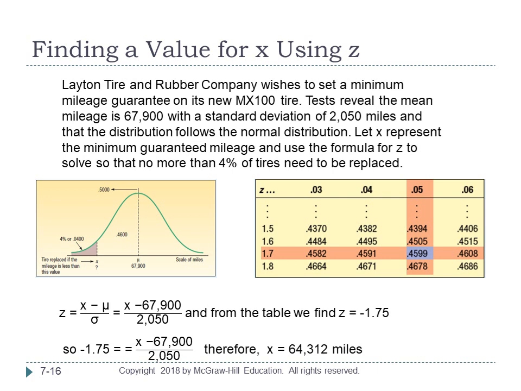What that means is we want most tires to last long enough, and you don't want too many people needing tire replacement, because under the warranty the company would have to replace those tires. So here you know the Z value and you want to calculate the X value. Now what is the Z value? We want no more than 4% of tires to need to be replaced.